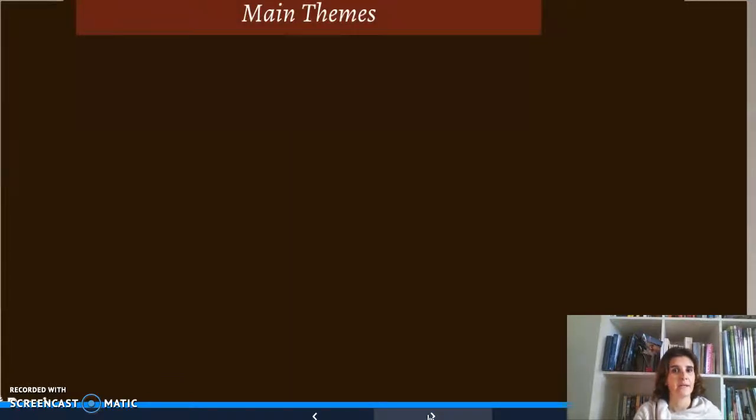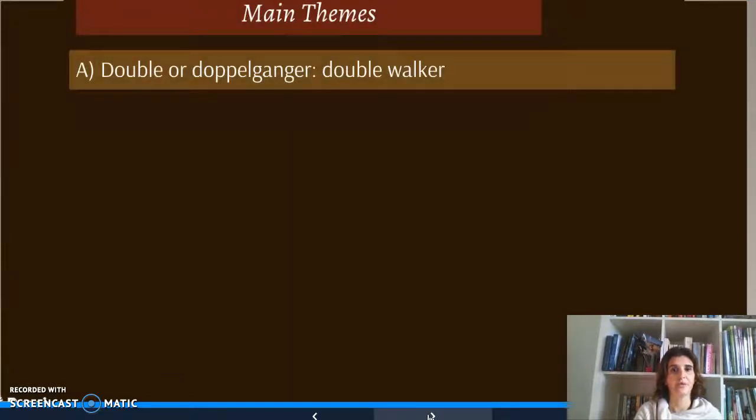What are the main themes of the novel? First of all, and primarily, the theme of the double or doppelganger in German. Doppelganger means double walker. That is a person you walk into and you recognize yourself in this person. It has some traits, maybe character traits, personality traits that are similar to yours, and some others which are completely different.